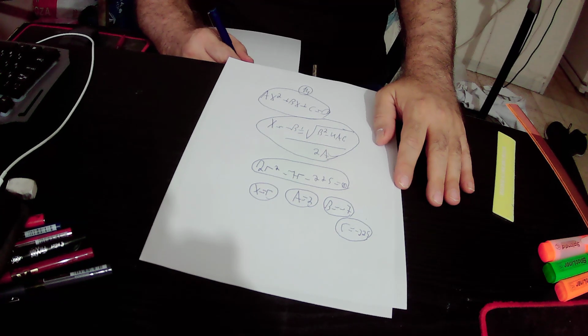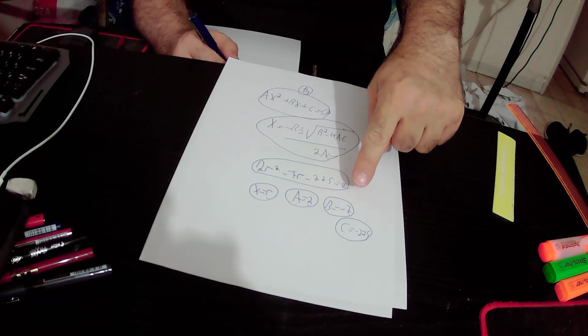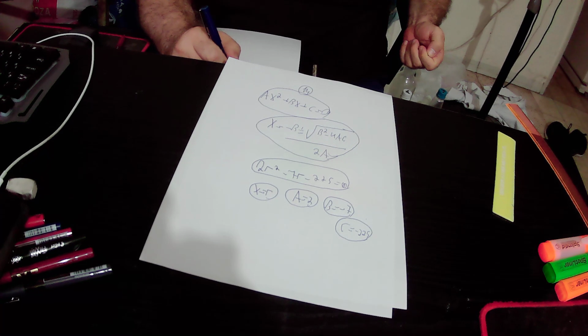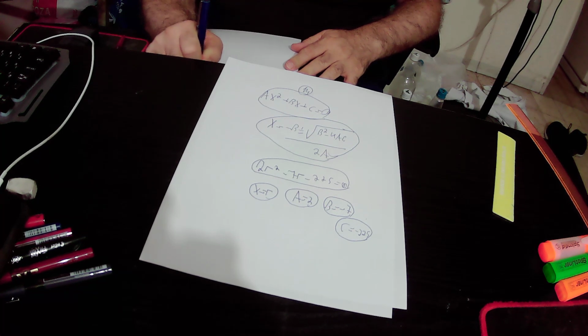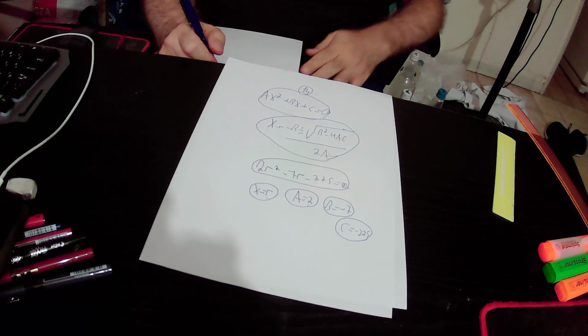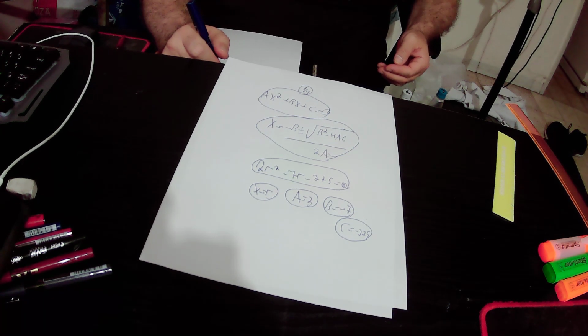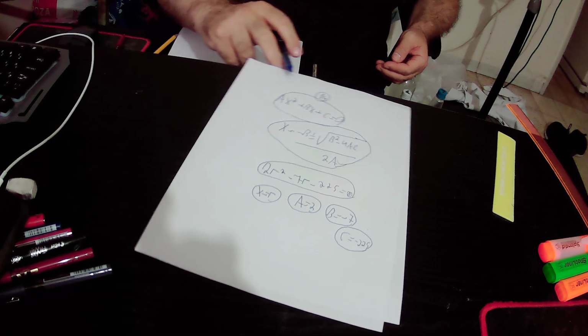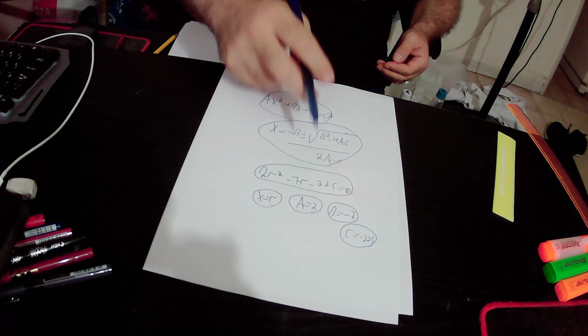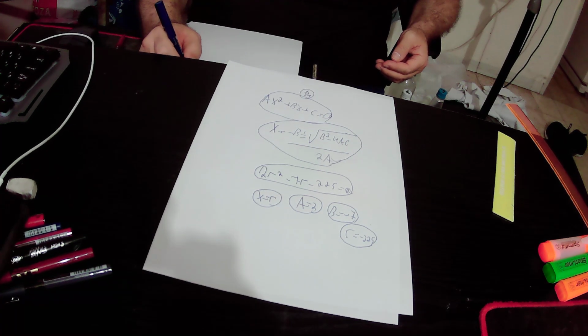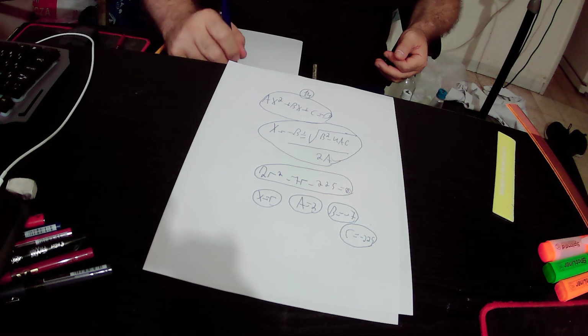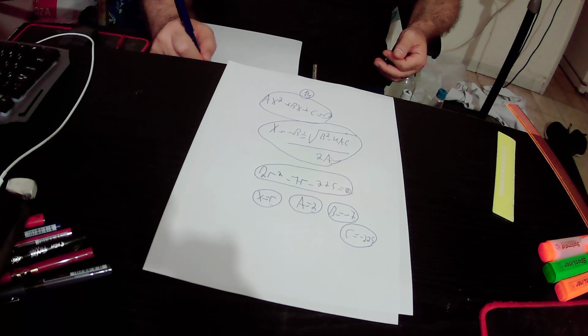x is r, so r equals minus b. b equals minus 7, so minus b is minus minus 7, that is plus 7, plus minus root of b squared, which is minus 7 squared, that is 49, minus 4 times a times c. 4 times a is 4 times 2, that is 8, times c is minus 225, over 2 times a, so 2 times 2 is 4.